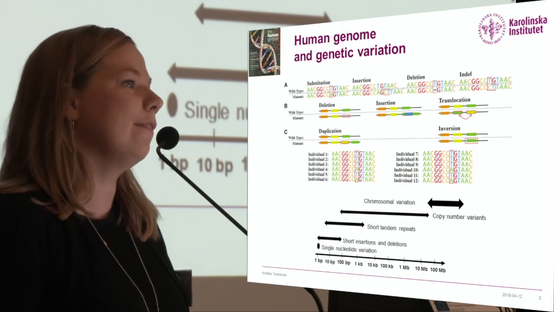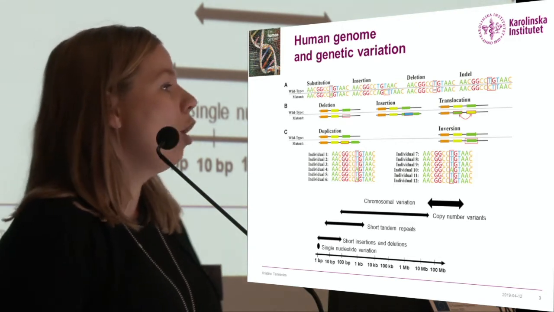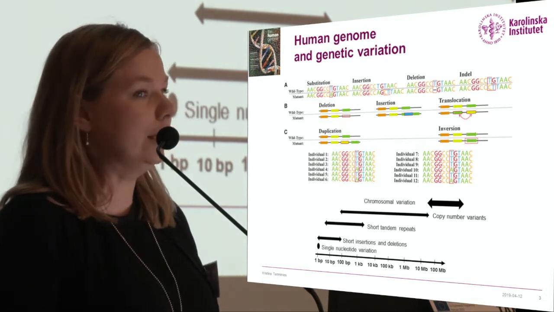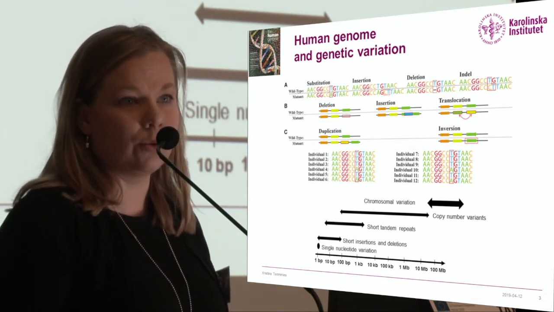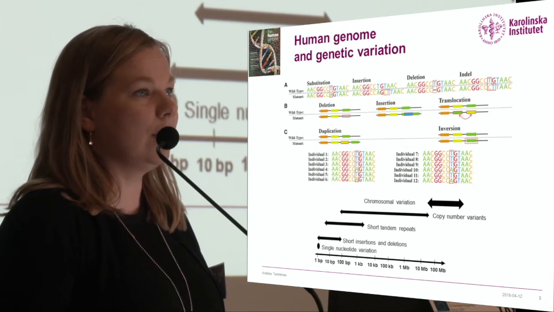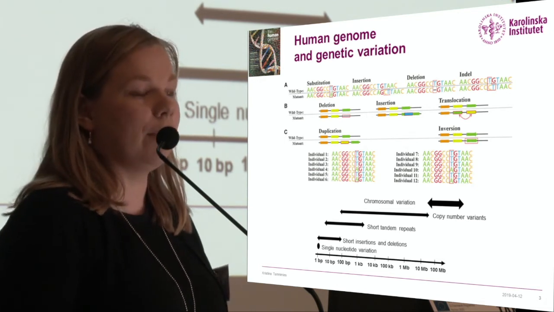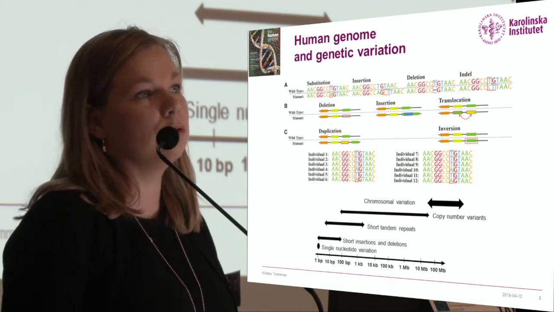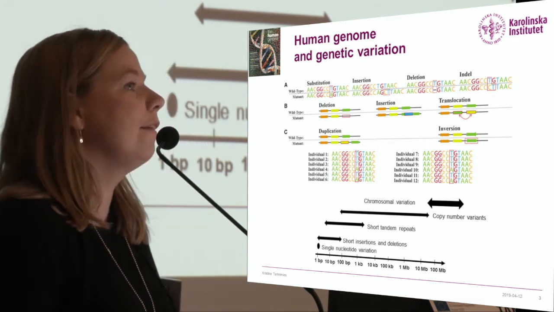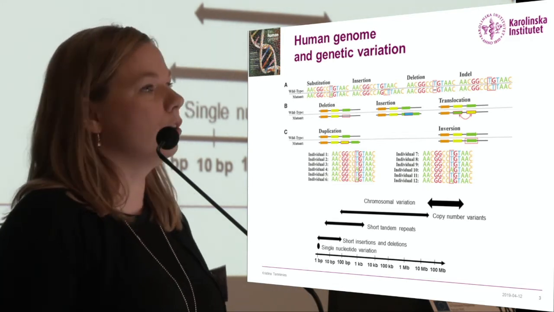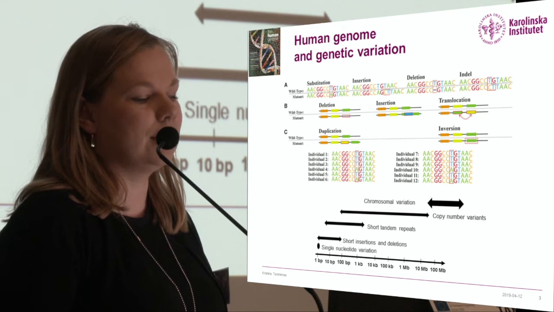All these have very local effects on the base where they are in the genome. If they hit a gene, they might have very severe consequences. They might cause a loss of function of a gene because there won't be any functional protein. But they might also be very neutral. It's just a change, but it doesn't make any difference.